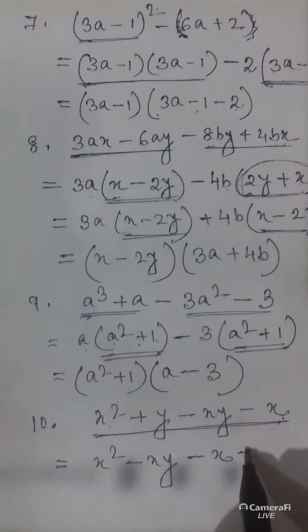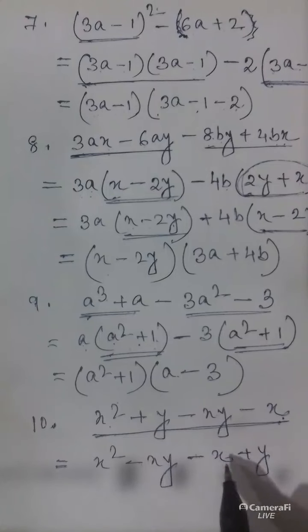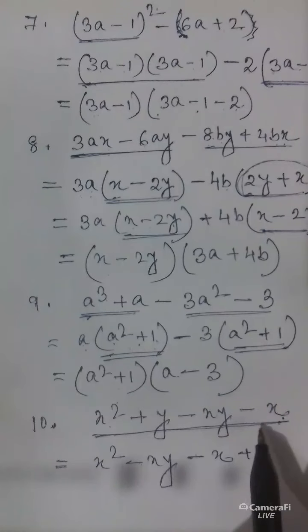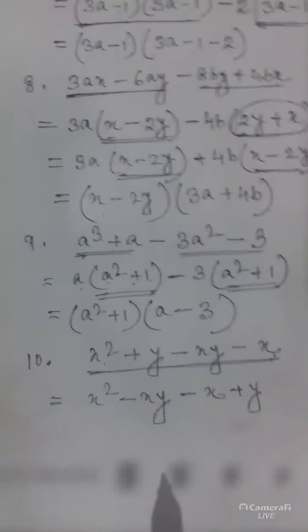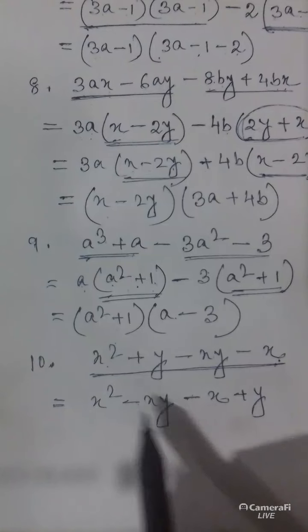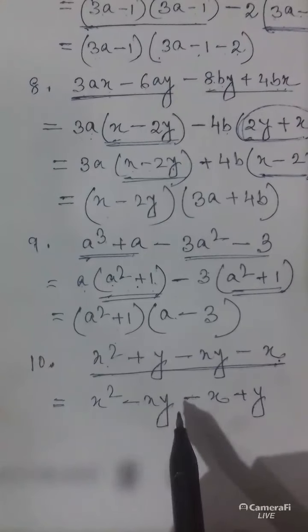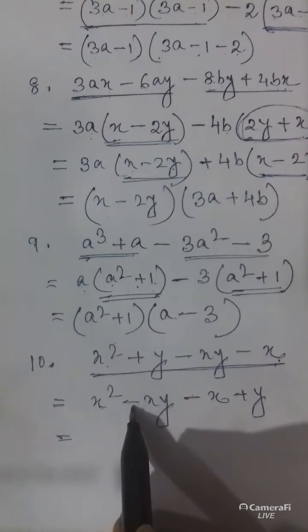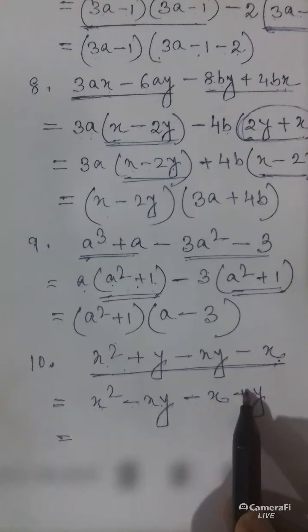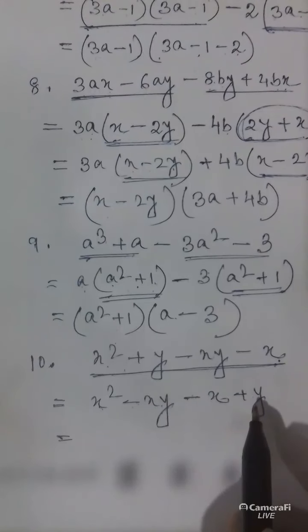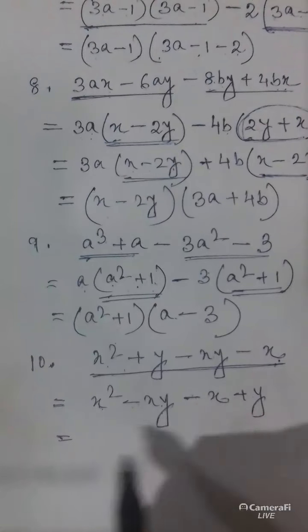Minus x plus y. We can arrange the polynomial in this method also for grouping: x square minus xy minus x plus y. There is no change, we just interchange their places, but the math does not change.